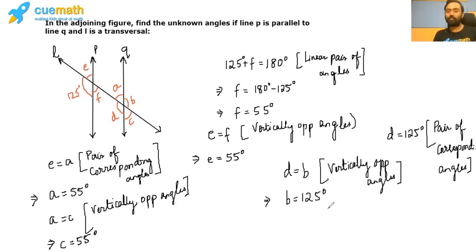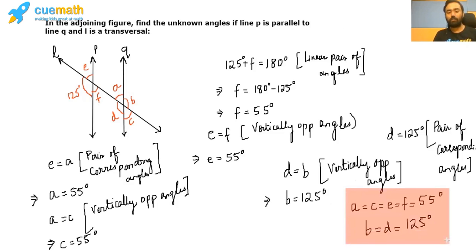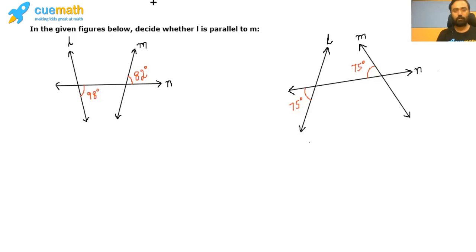Now to summarize the result which we have got, we have got A is equal to C is equal to E is equal to F is equal to 55 degrees, and then we have got B is equal to D is equal to 125 degrees. It's just a matter of time. If you know the properties, know these concepts, we can easily find the value of all the variables in a question like this. Let's now move on to the next question.